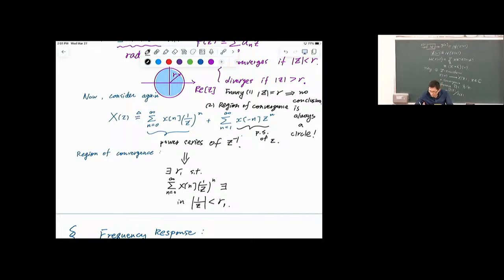And similarly for this part, because it's a power series of z, we know that there exists R2 such that the sum over n from 1 to infinity of x(-n) z^n converges inside the circle.